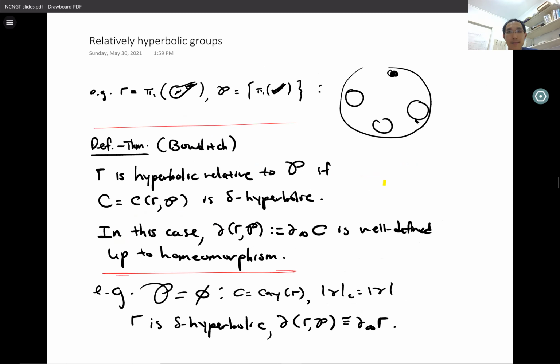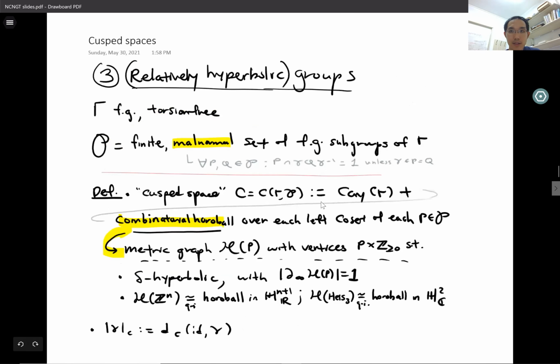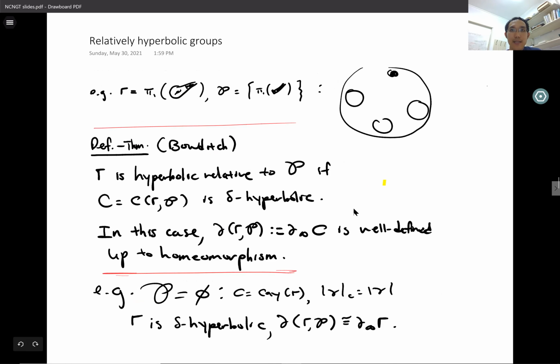So far, I haven't said anything about hyperbolicity or relative hyperbolicity, and indeed we can build a cusp space once we have gamma and curly P as above without any hyperbolicity requirements. If we do this construction, and the space C that we get turns out to be delta hyperbolic, like in the case of the cusp torus, then we say that the group gamma is hyperbolic relative to the subgroups curly P. And this is one of many equivalent definitions of relative hyperbolicity.